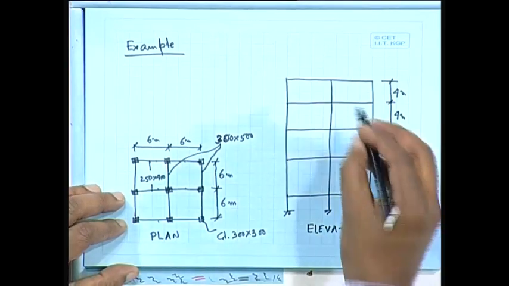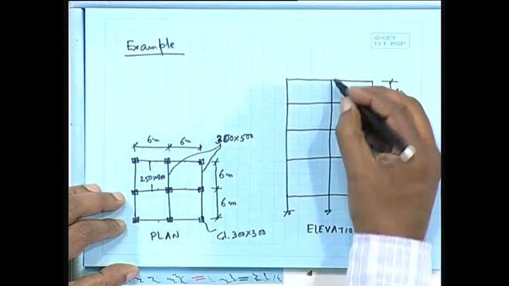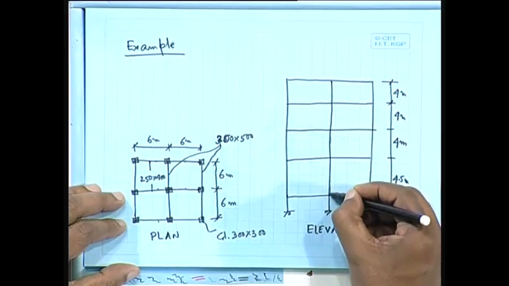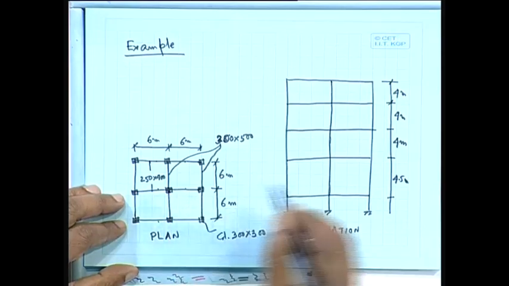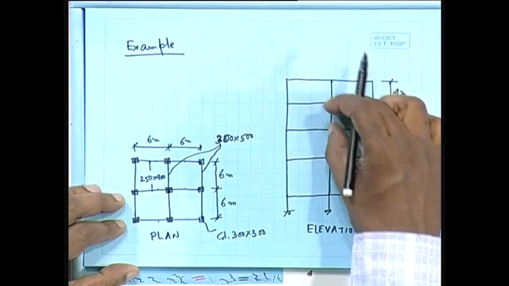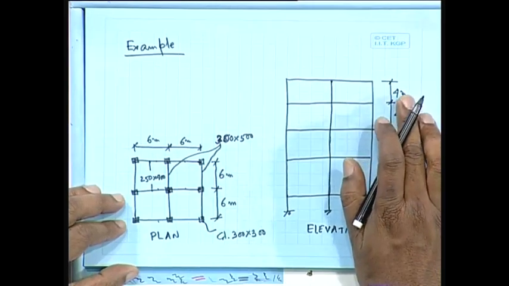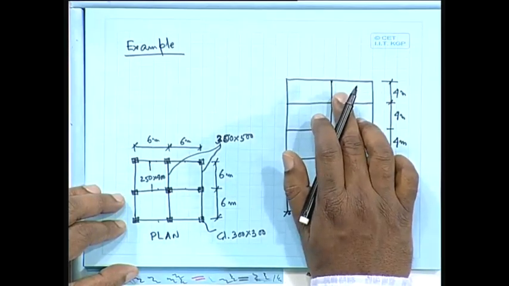Let us say we are interested in finding the effective length of this column, instead of all other cases. Each of them we have to find out. It will be 4 meter multiplied with some factor that we have to find out.